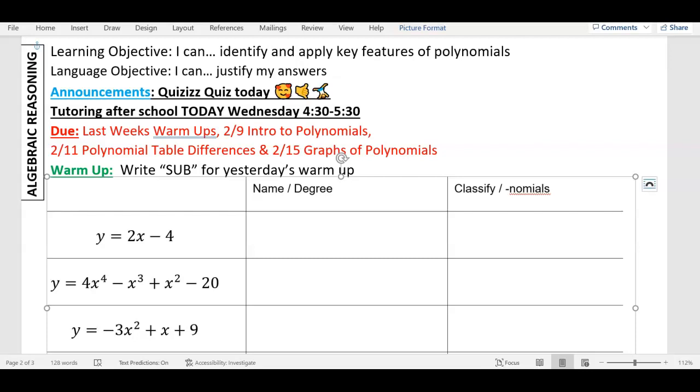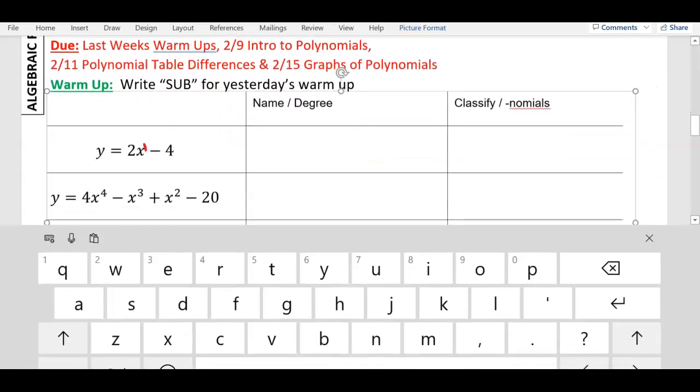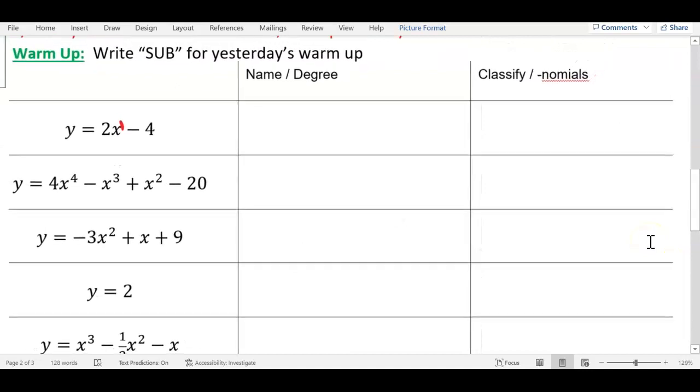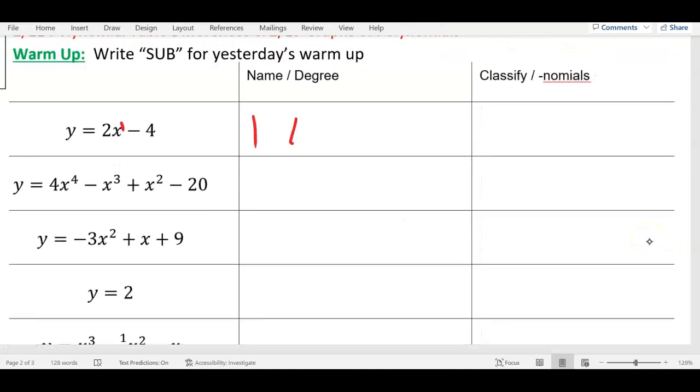We already said this, but if it's 2x minus 4, the x is an implied 1 power. So we call that a linear. Okay, so 1 is linear. Now, how many terms do you see there? And how do you know they're terms? They're separated by plus or minus, right? So 2x minus 4, that's 2 terms.